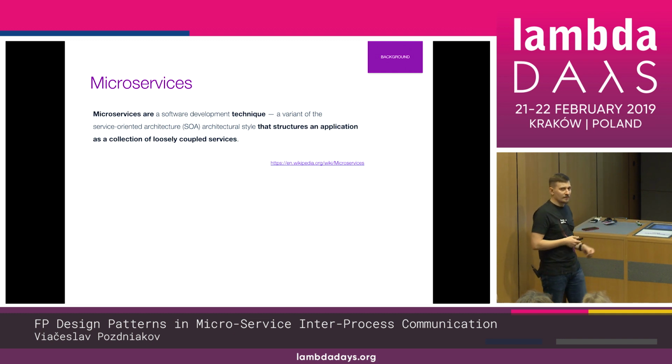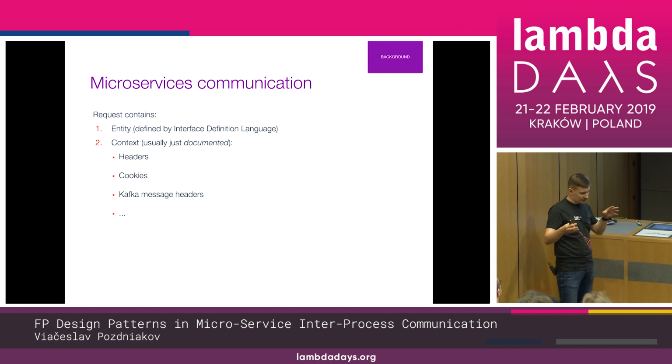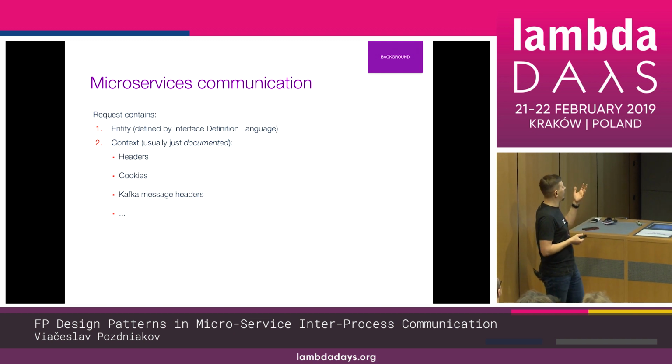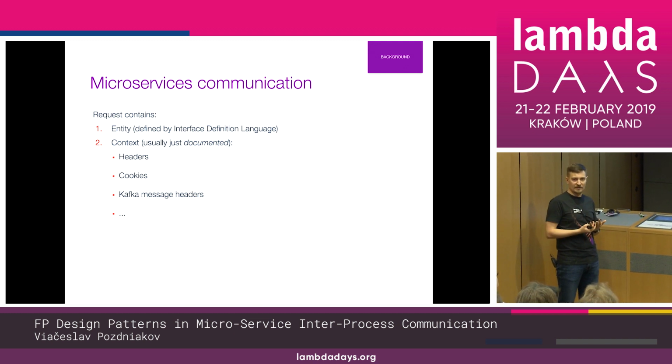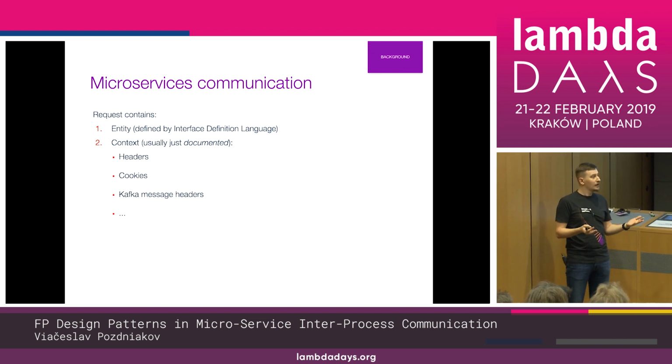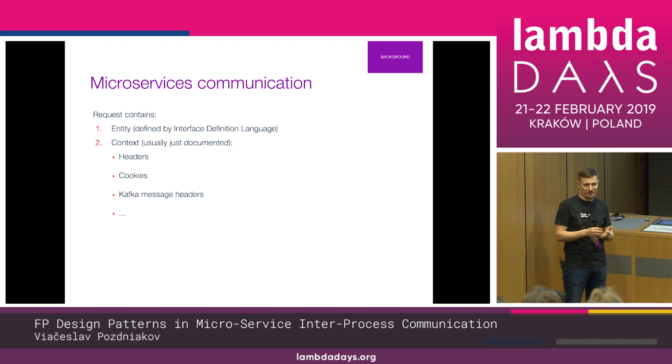But it's not that easy to implement, because when microservices communicate, there are always two parts to this story. First of all, we define entities which are used for communication, and all these entities are defined by some interface definition language, like WSDL, like RAML, something like that.